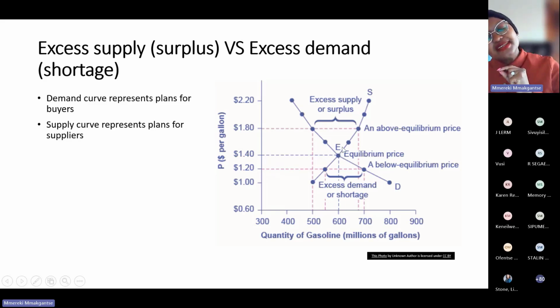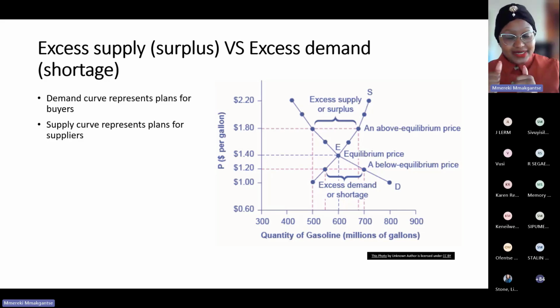Anything above the equilibrium price is excess supply. If it is below the equilibrium price, let's say the equilibrium price is at this dot, if it's below, it is excess demand or a shortage. If it is above, it is excess supply.